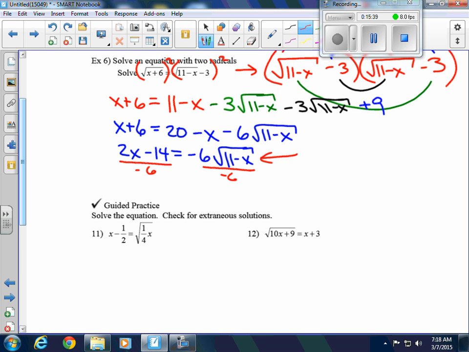So if we take that out, we're going to have x minus 7 over negative 3 equals square root of 11 minus x. Right. So now we have the radical isolated. So what we're going to have to do is square both sides.